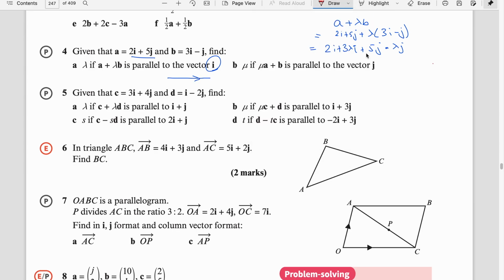So we will equate this j part to 0. 5j minus lambda j is equal to 0j. So taking out common, the coefficient of j must be 0. So lambda is equal to 5. So solving for lambda, lambda is 5.